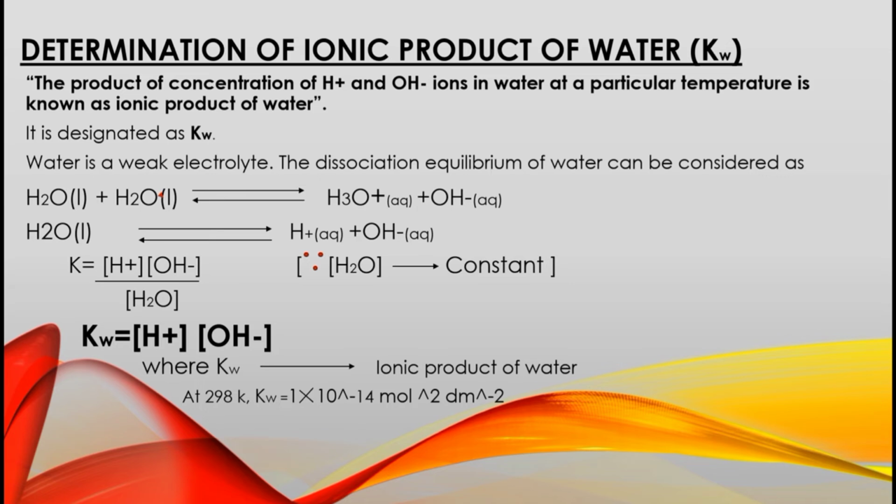So the final equation which we get is Kw = [H+][OH-], which is the product of concentration of H+ and OH- ions, where Kw is the ionic product of water. At 298 K, Kw is equal to 1 × 10^-14 mol² dm^-6.